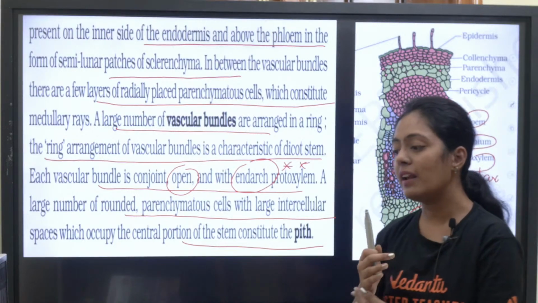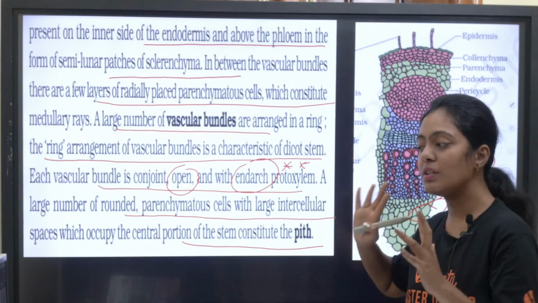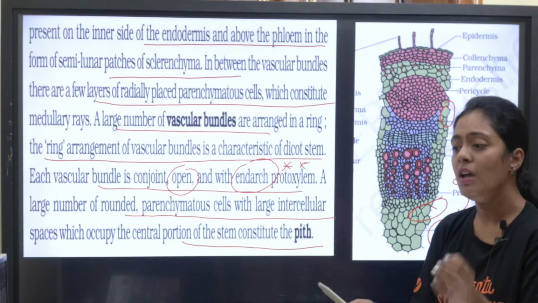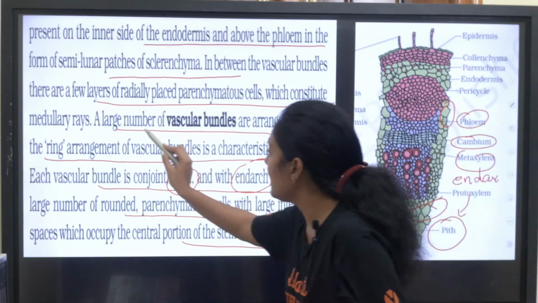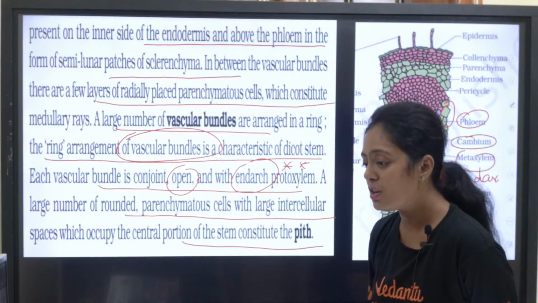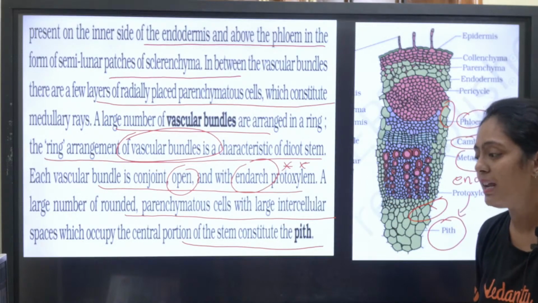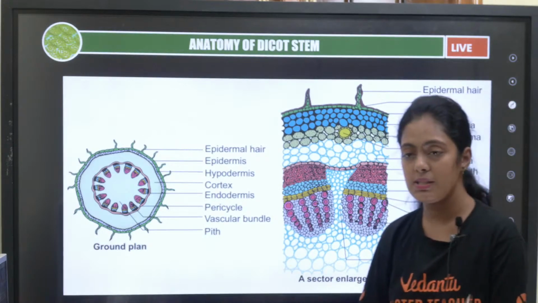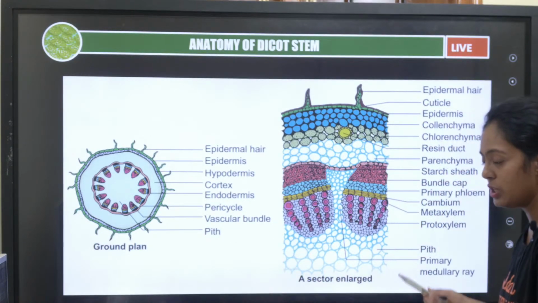Clear? Can we continue? This is about the dicot stem. Now let's study the monocot stem in the same way. What you should remember is the ring-like arrangement of vascular bundles, conjoint, open, and endarch. Endarch means the protoxylem is towards the pith. This is the picture you need to remember.